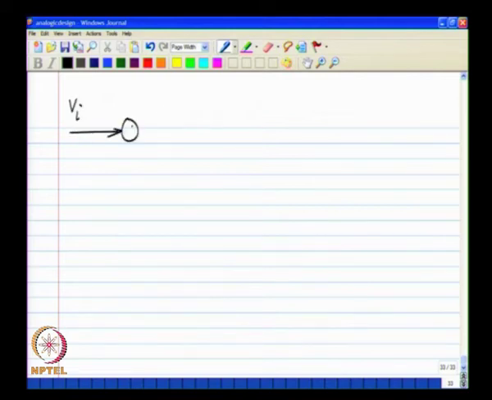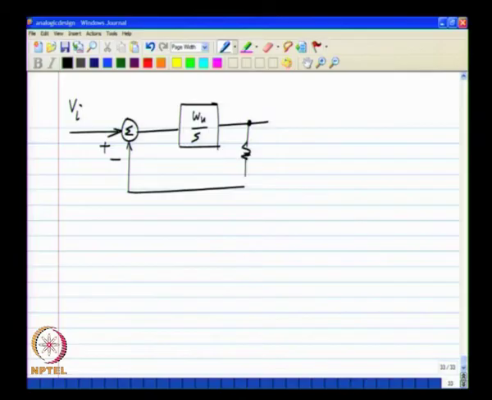I will redraw my amplifier here. Now, if you look at the input to the integrator, it is given by Vi minus V naught by k.